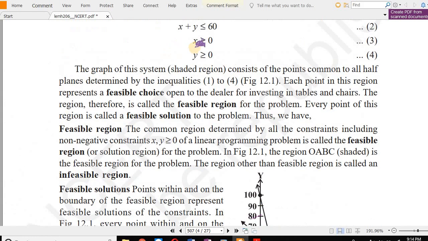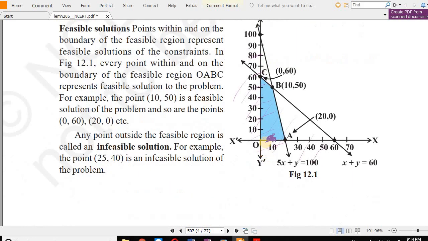Finally, we have x greater than or equal to 0, y greater than or equal to 0. So x greater than or equal to 0 means everything to the right of the y-axis, and y greater than or equal to 0 means everything above the x-axis, so we need to restrict ourselves to the first quadrant. Now if you take the intersection of all the shaded regions that we've indicated, that is this blue region. So in this blue region, all four inequalities are satisfied.